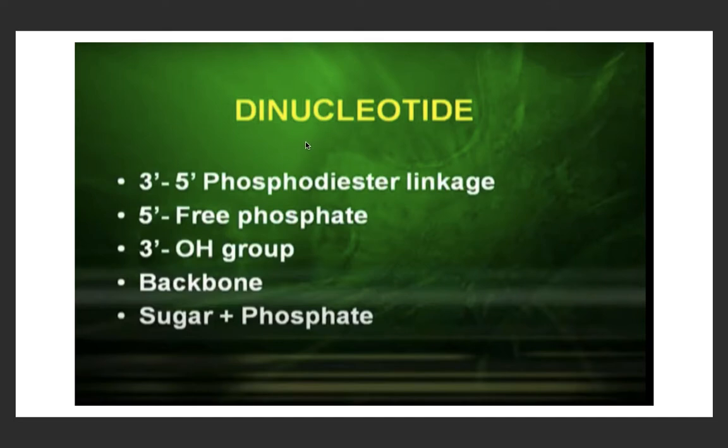The structure is considered a dinucleotide structure, as there is a 3' to 5' phosphodiester linkage present, made up of a free phosphate group on the 5' site and an OH group on the 3' site. With this, it has a backbone of sugar plus phosphate enclosed in this dinucleotide structure.